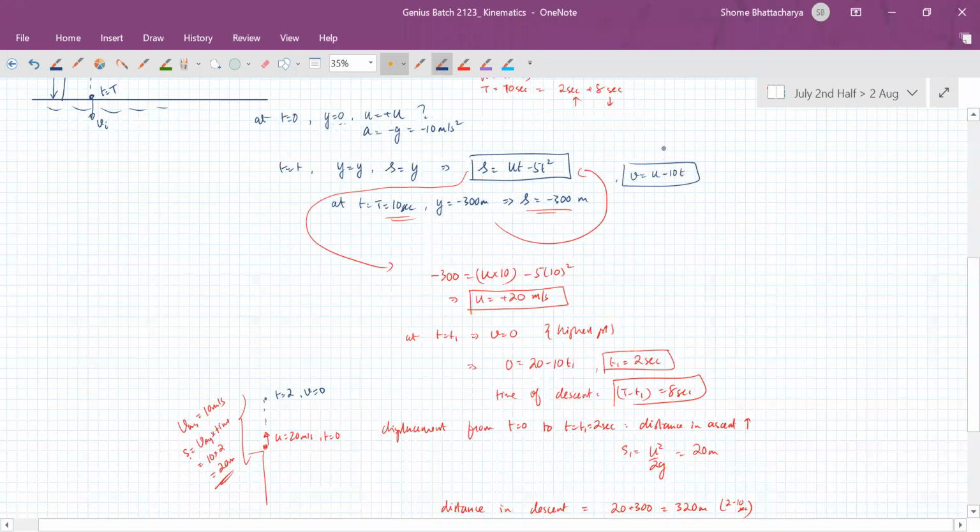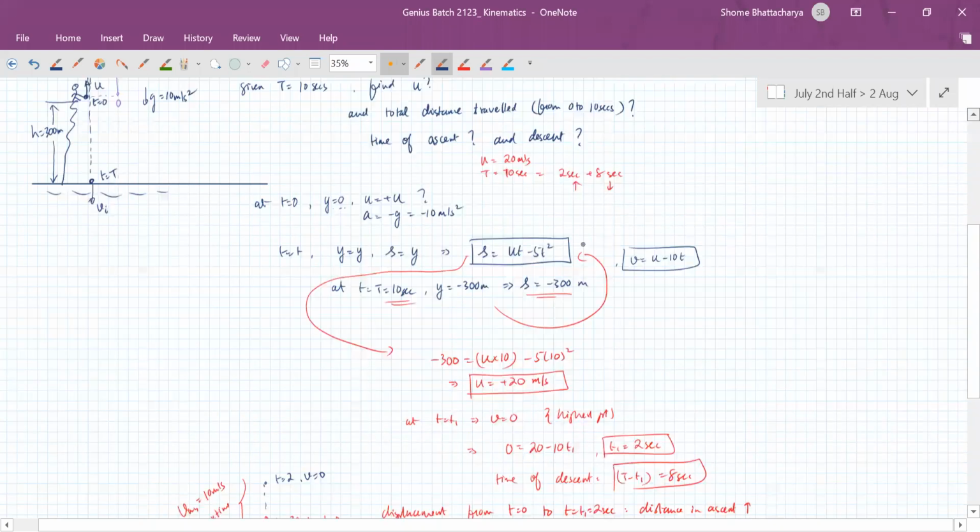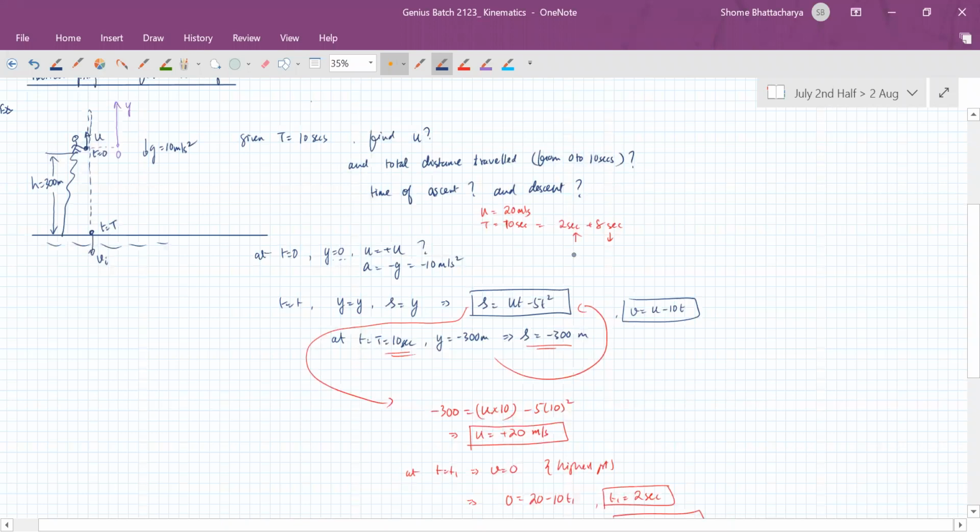Okay. So here, importantly, what I have taken, let me refer to the diagram also here. In these equations, I have taken the y-axis as upwards, okay, and origin O at starting point.